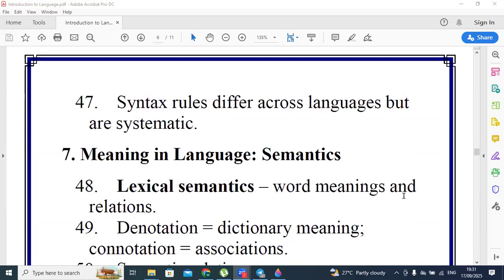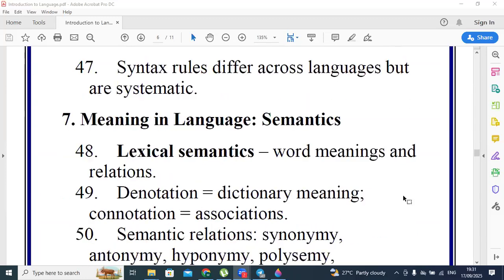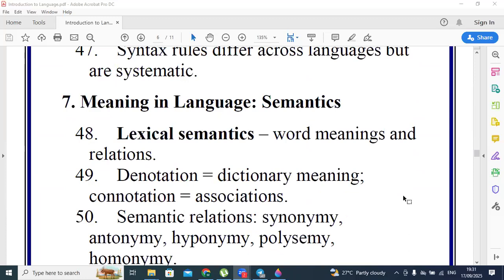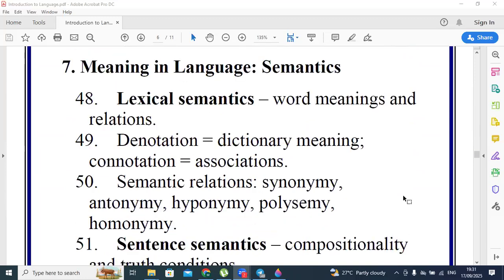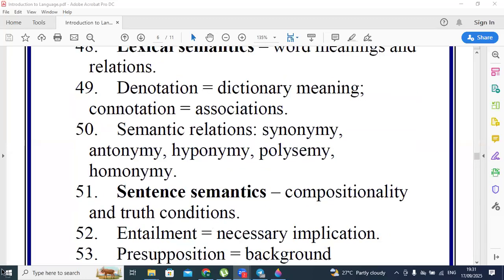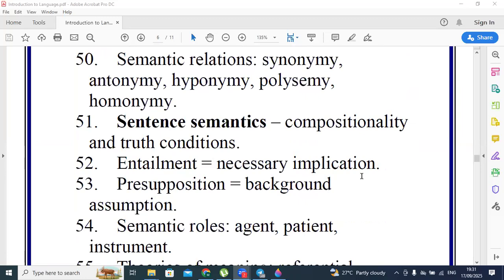Meaning in language, semantics. Lexical semantics: word meanings and relations. Denotation, dictionary meaning; connotation, association. Semantic relations: synonymy, antonymy, hyponymy, polysemy, homonymy. Sentence semantics: compositionality and truth conditions.